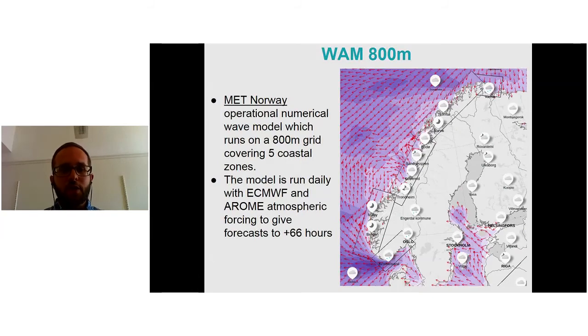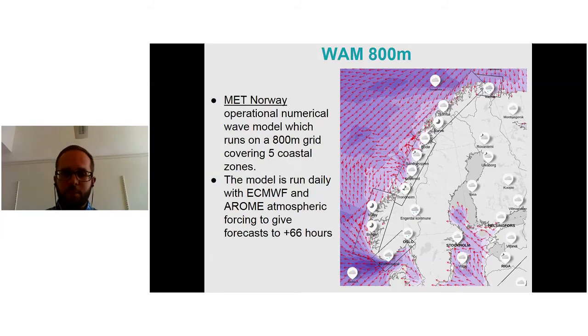800 is an operational numerical wave model which runs on an 800-meter grid covering 5 coastal zones. The model is run daily with ECMWF and AROME atmospheric forcing to give forecasts up to plus 66 hours.